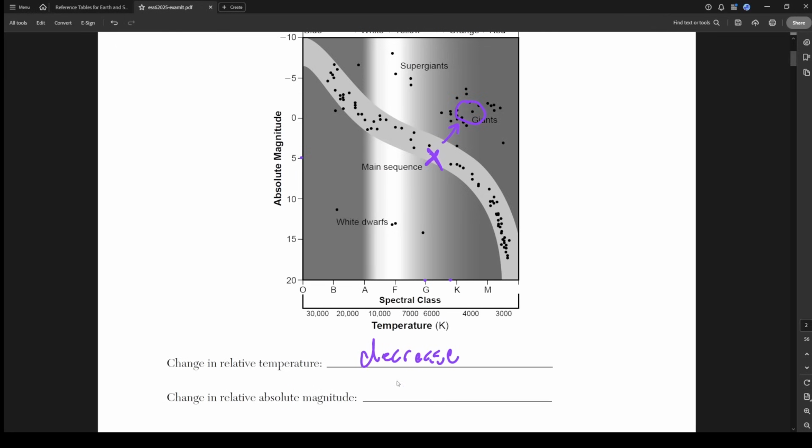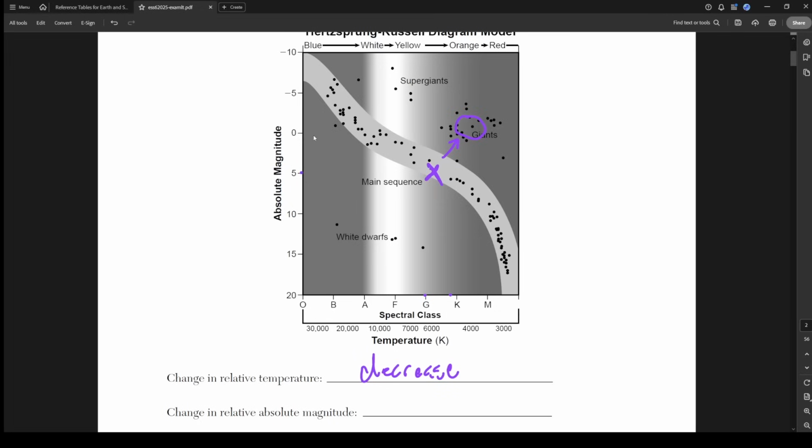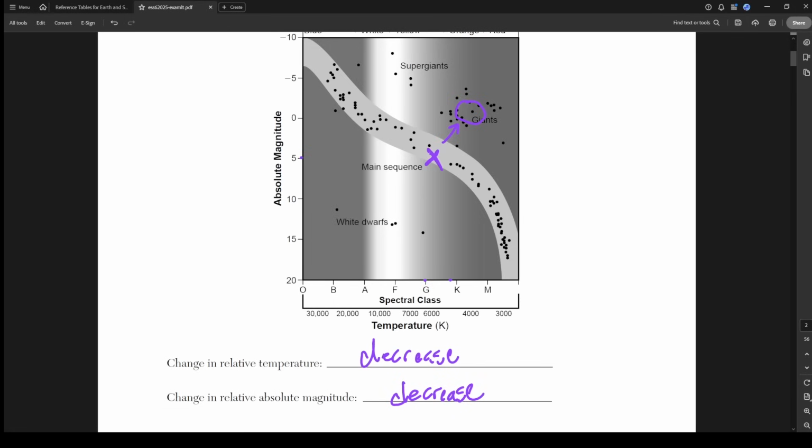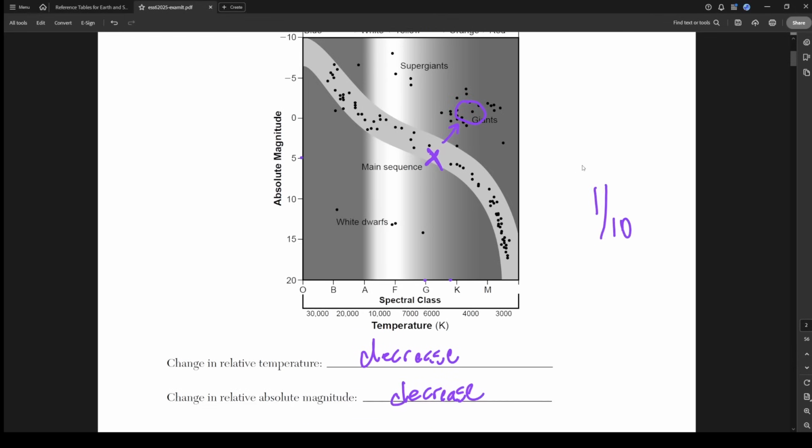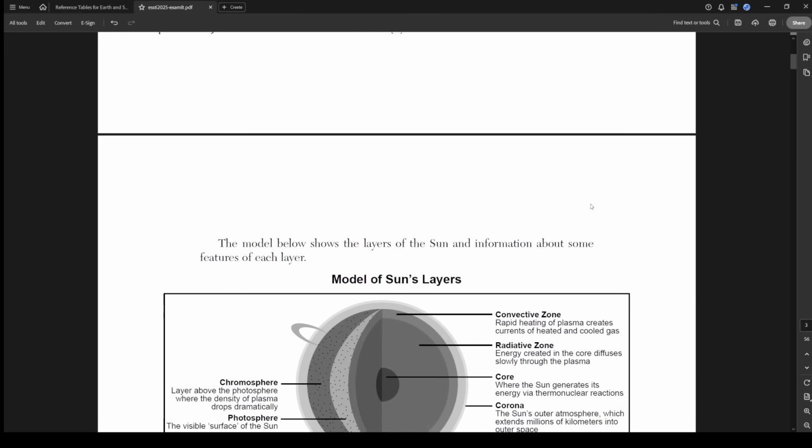And the change in absolute magnitude, you can see we're going from 5 to 0, so we also decreased in absolute magnitude. So that question, honestly, was super duper easy. I'm going to say this is a 1 out of 10. Very easy.